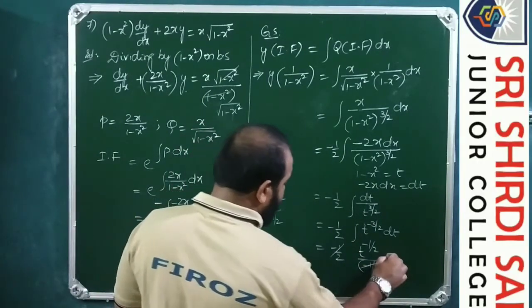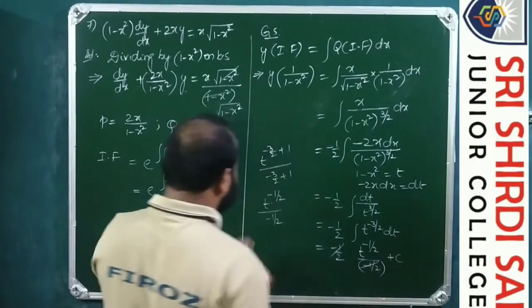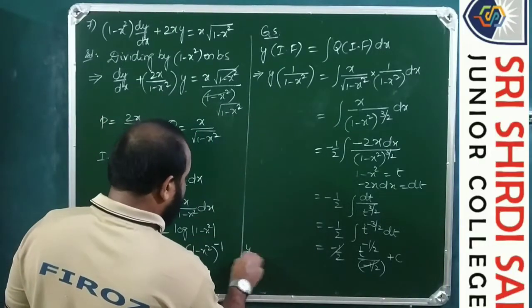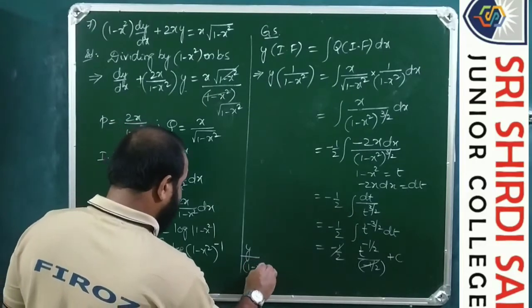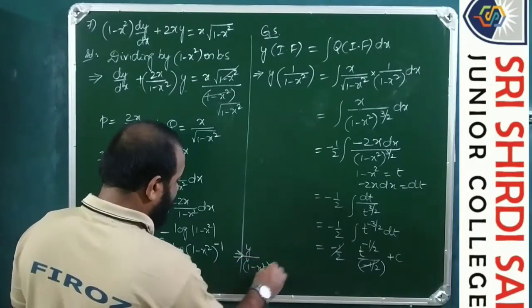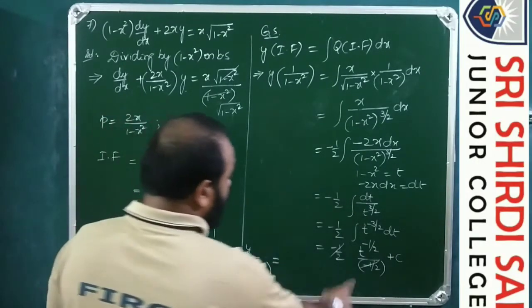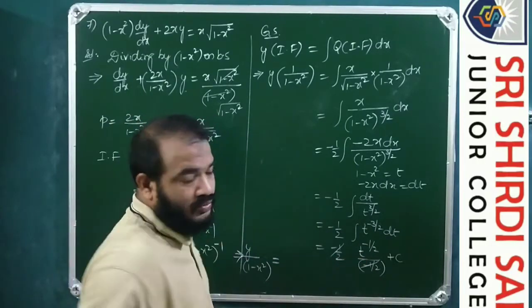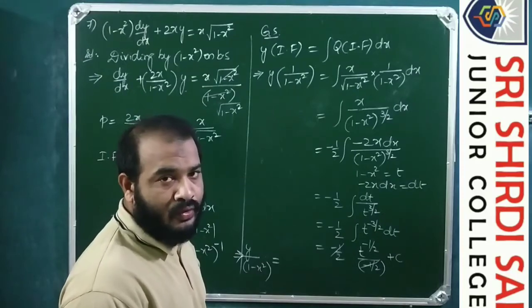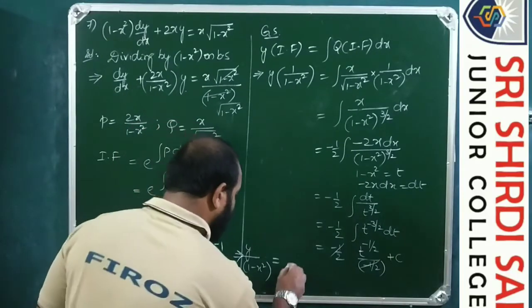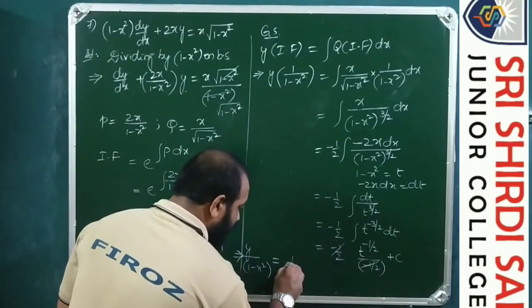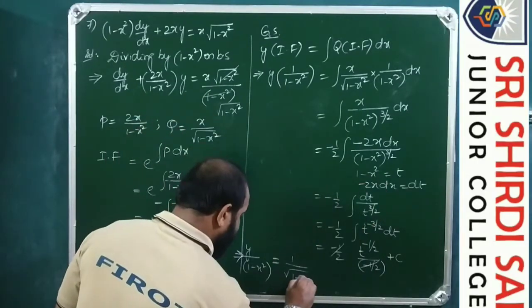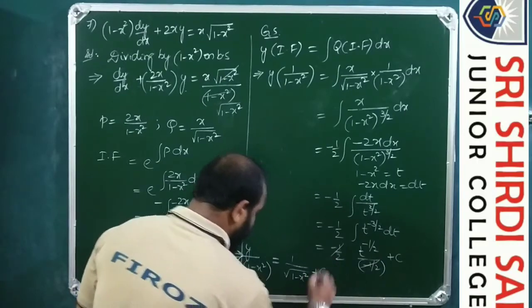This minus 1 by 2 and this minus 1 by 2 get cancelled, plus constant of integration c. Therefore y by (1 minus x square) equals t power minus 1 by 2, which can be written as 1 by t power 1 by 2. T power 1 by 2 is root t. So this is 1 by root t. Root t is how much? Root of (1 minus x square), plus c.